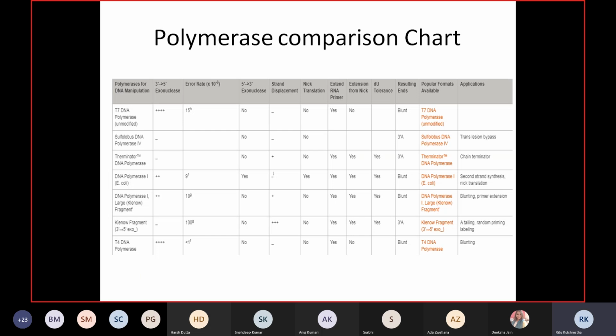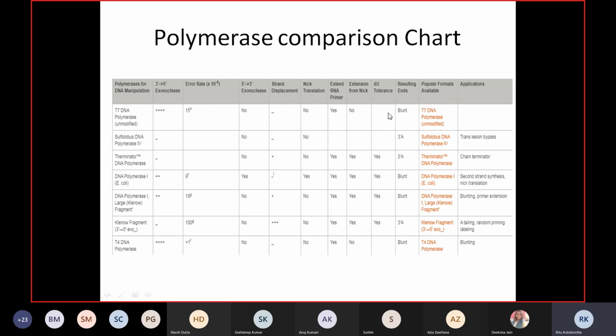And again, from NEB, those who are interested can go through this chart. It tells the individual error rate of the various polymerases listed here. As you can see, the exo-minus Klenow fragment, because it does not have any exonuclease activity, especially the 3' to 5' exonuclease activity, has a very, very high error rate. But in certain situations it may be required, like in sequencing reactions.